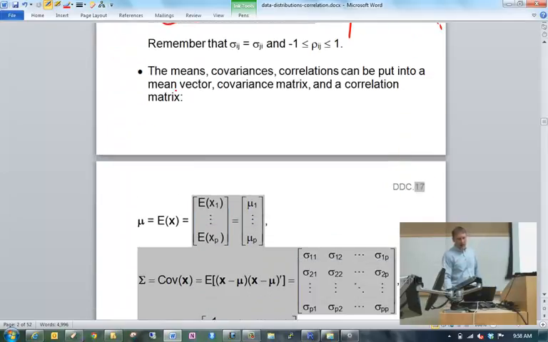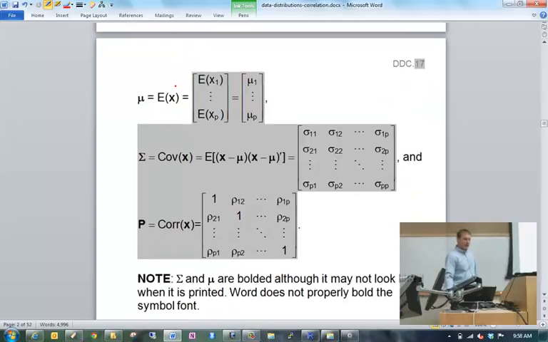So with that background, we can put all these means, all these covariances, all these correlations into a matrix structure. Notice how I have a bolded mu here. This is going to be my mean vector, in other words, the expected value of my vector x.